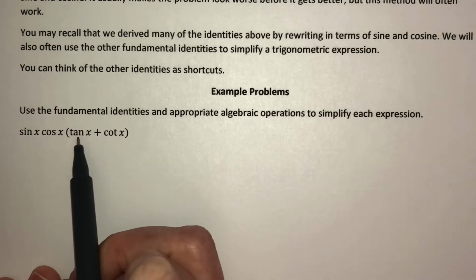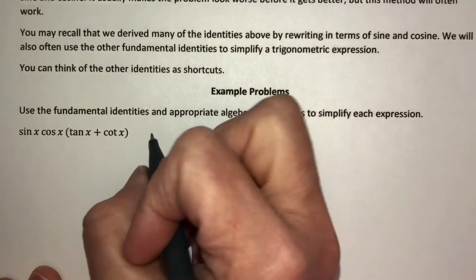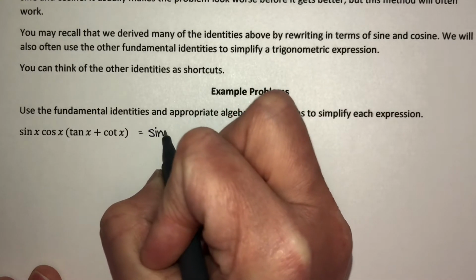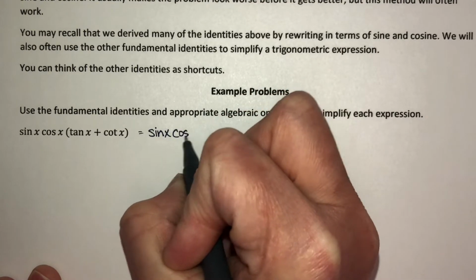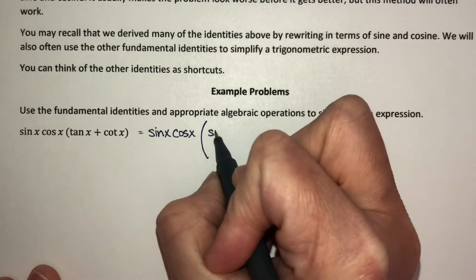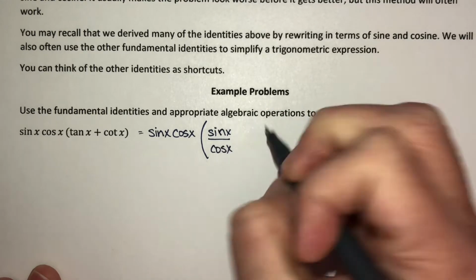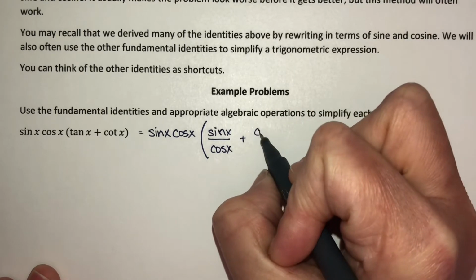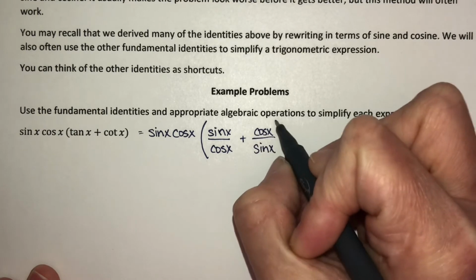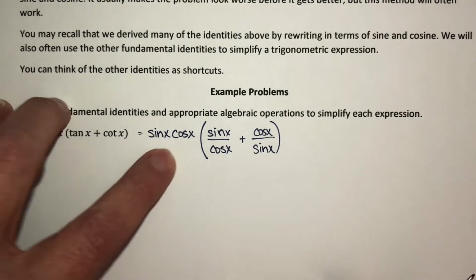But the first thing I want to do is rewrite tangent and cotangent using our quotient identities so that everything is in sine and cosine form. So I have sine x times cosine x times tangent, which is sine x over cosine x, plus cotangent, which is cosine x over sine x. Okay, now let's think of this as a distribution.